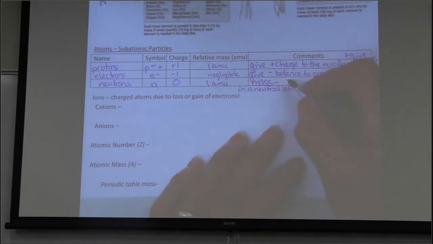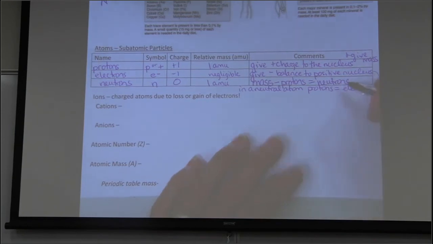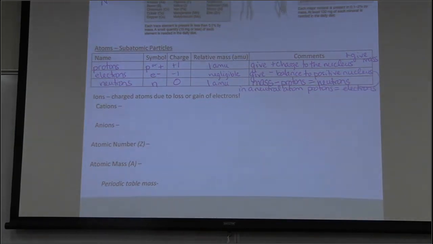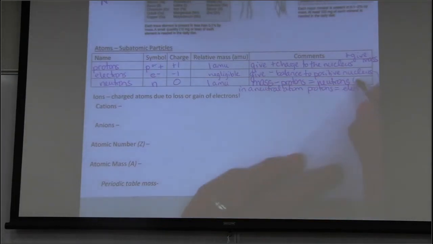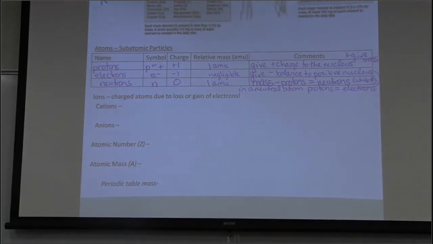Mass minus protons equal neutrons. Mass minus protons will equal the neutrons. For our purposes, we will always round neutrons to a whole number, but mass may not be rounded to a whole number. That's why I put that.